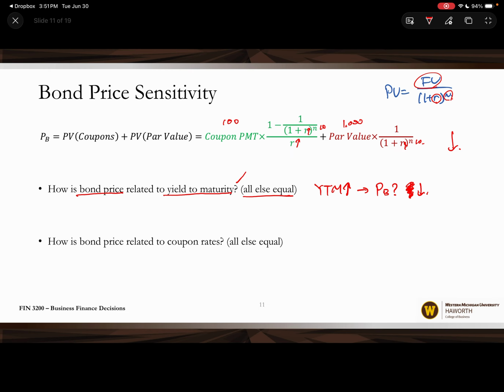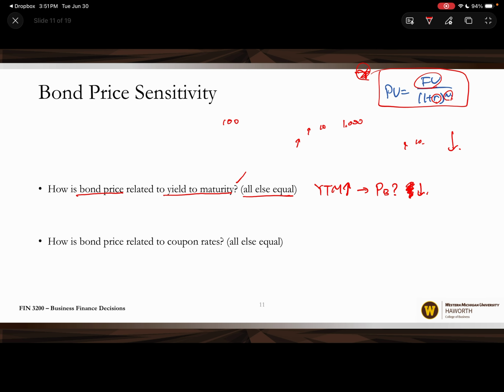That was how it was worded in that slide. So we're going to use that setting to illustrate how the bond price is related to the YTM.